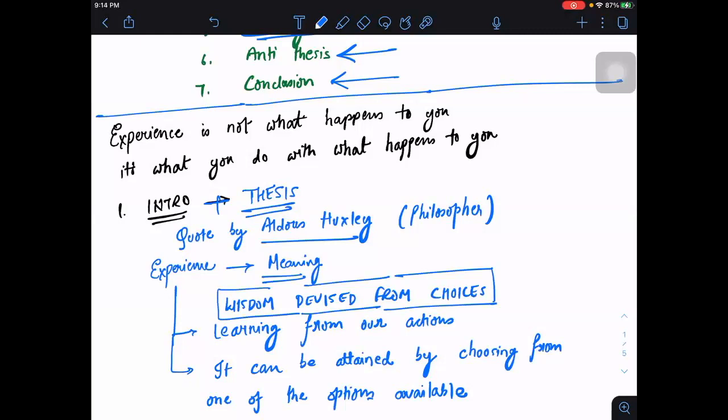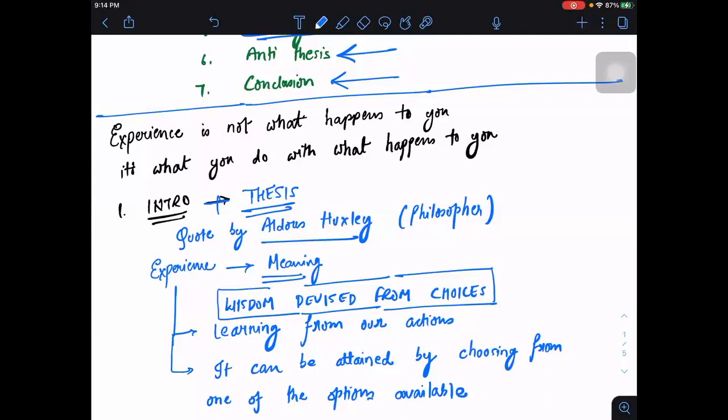So our responses, our reactions will give us the experience, right? If we are reacting towards something, if we are acting towards something, then we are moving forward. We are not standing still and trying to get the experience. Understood?